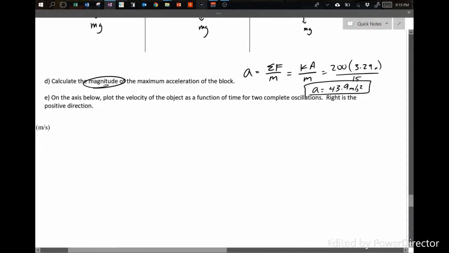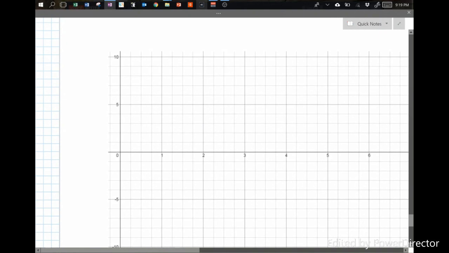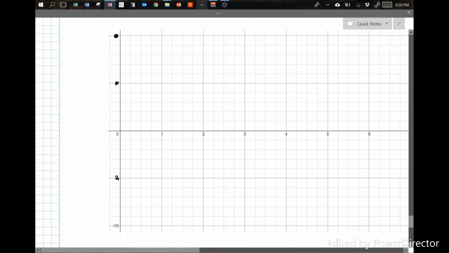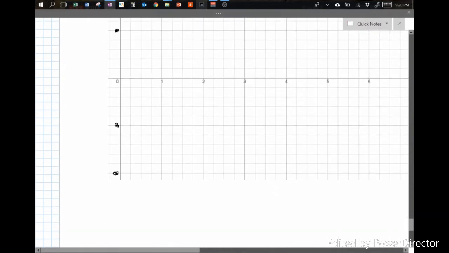Now, plot the velocity as a function of time for 2 complete oscillations. We want velocity as a function of time. We have to change these axes because it doesn't quite work. So we have 15 meters per second up there and -15 meters per second down here.